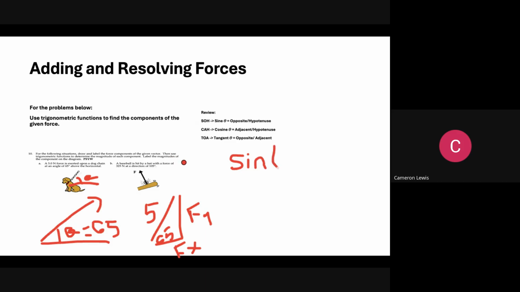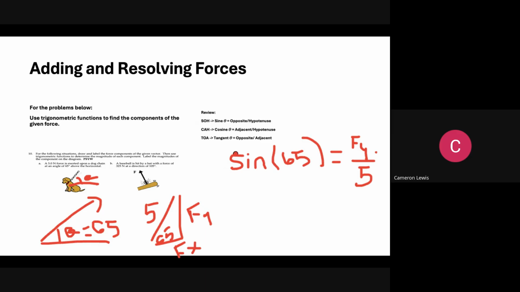Usually I would rewrite the equation, but I'm not doing it because it takes a lot with this pen. But I'll say it out loud. Sine of 65 is equal to the y component of my force over my hypotenuse, which is 5.